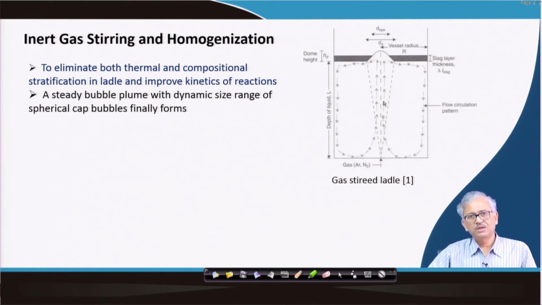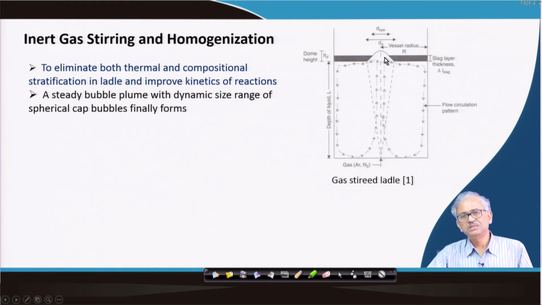Finally they come to a dynamic equilibrium, that is, the bubble size, shape and distribution become constant, and this is called the bubble plume. It comes to a steady state with a certain distribution and size of spherical cap bubbles as a function of axial distance. Obviously as you move up, the spherical cap bubble will have a bigger size. Here it is a little lesser. As you are deeper, you will have less size. So size, shape, distribution, everything becomes fixed after some time.